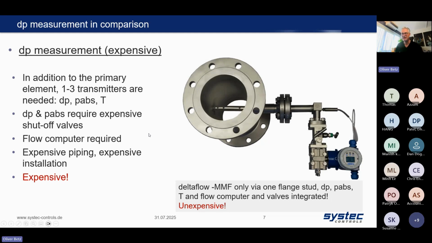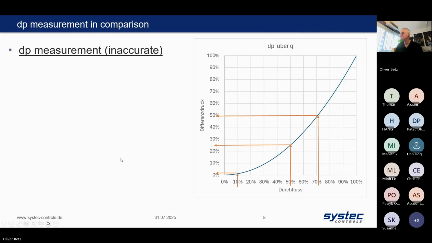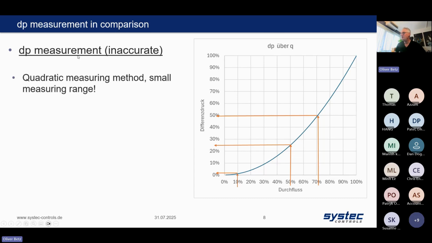So DP measurement can be expensive, but there's also very inexpensive solutions. Okay, the next claim for DP measurement is inaccurate. So how comes this argument, and is it right or is it not right? Number one, we have a squared measuring method.